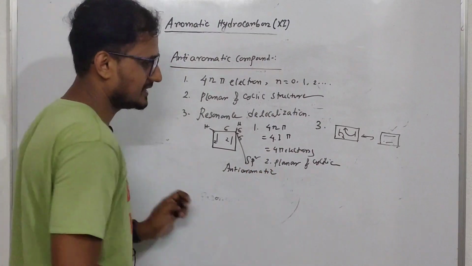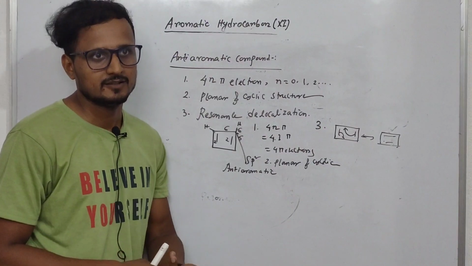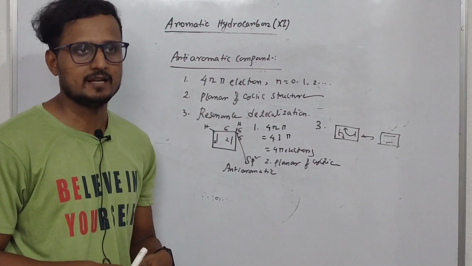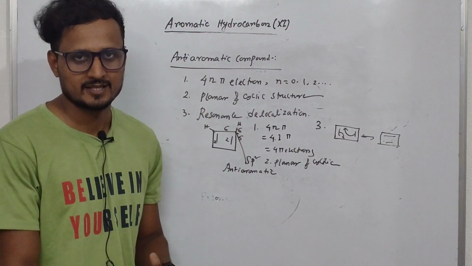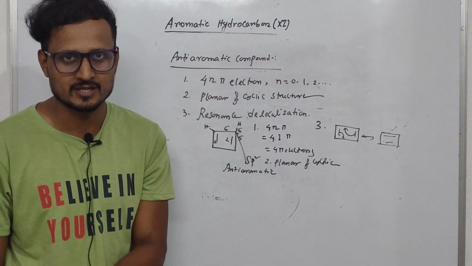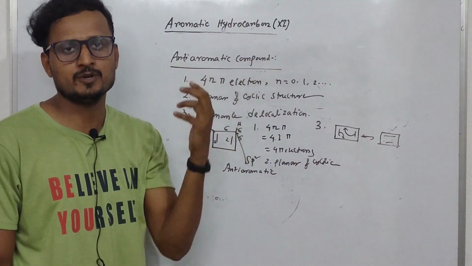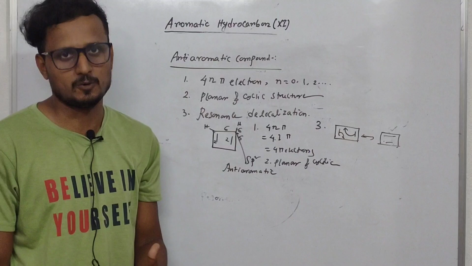Now there is another type: if the compound is not cyclic, not planar, and has no resonance contribution, then even though it has 4n or 4n plus 2 pi electrons, it should not be considered anti-aromatic or aromatic. It should be considered a non-aromatic compound.